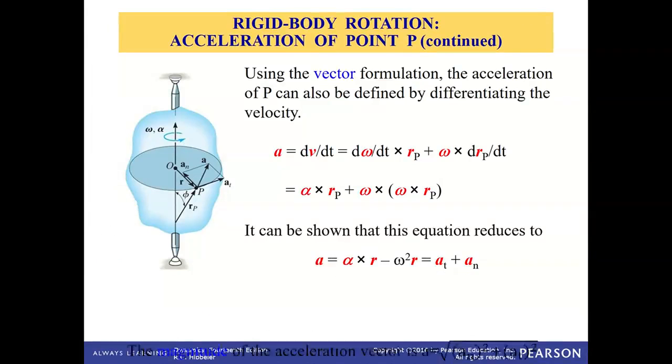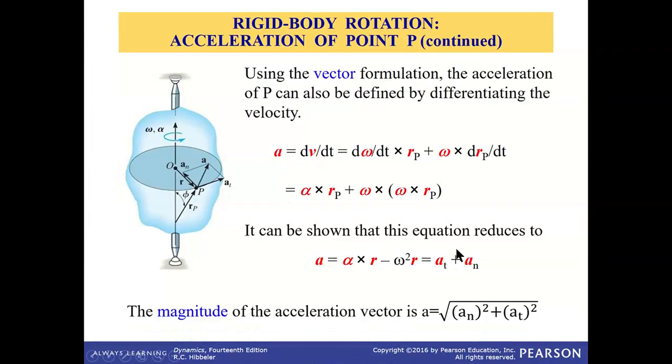And if you apply the cross product equations, then the acceleration of point P has two parts. So alpha cross RP, where alpha is angular acceleration, RP is the position vector, and that's a cross product. This is the tangential component of the acceleration, and this one is the normal component of the acceleration, omega cross omega cross RP.